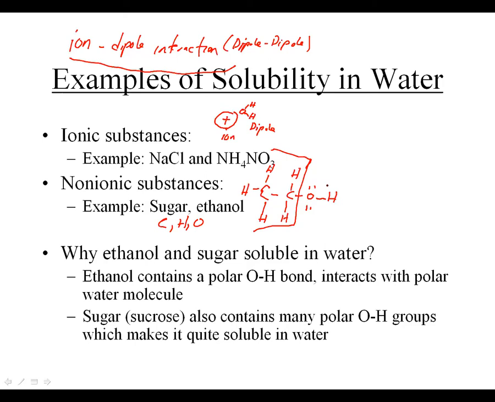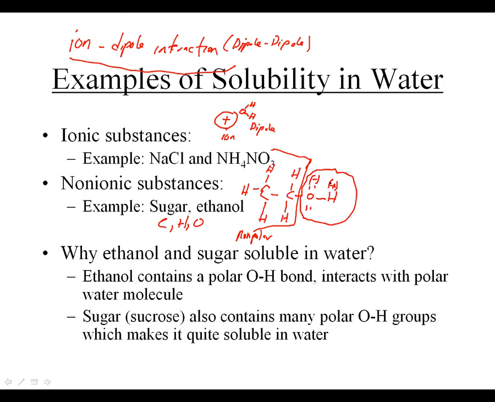So the oxygen is more negative, the hydrogen is more positive, based on electronegativity. And what that does is give it a place to interact with water, because water also is polar, like we've seen.